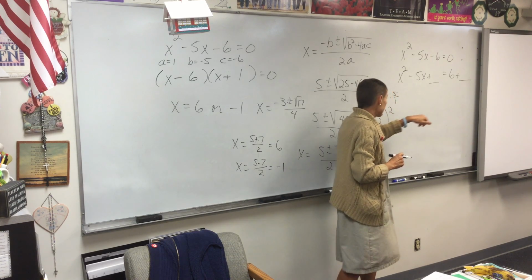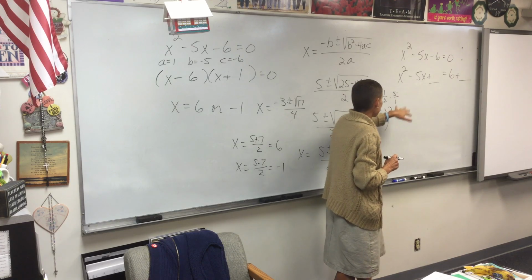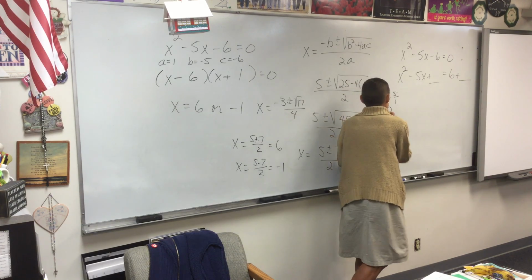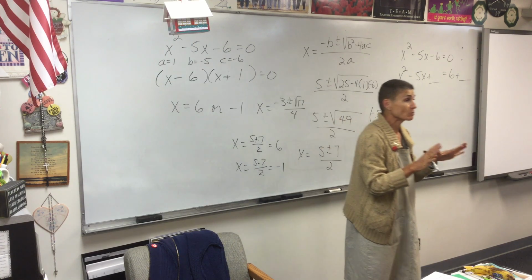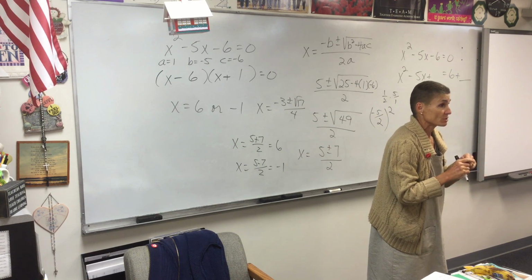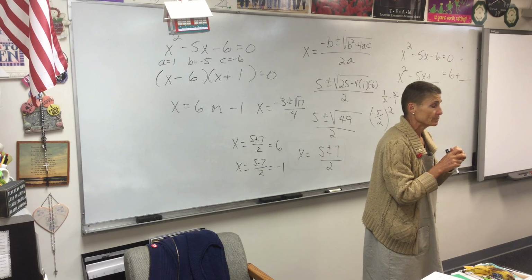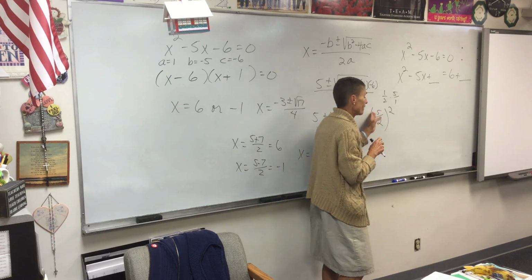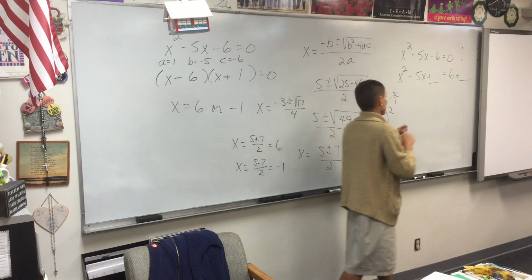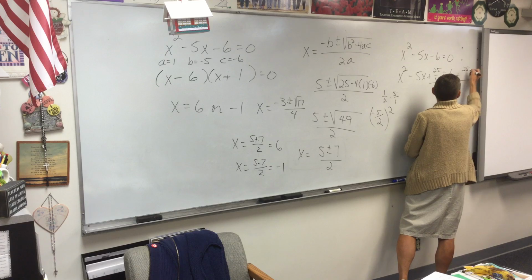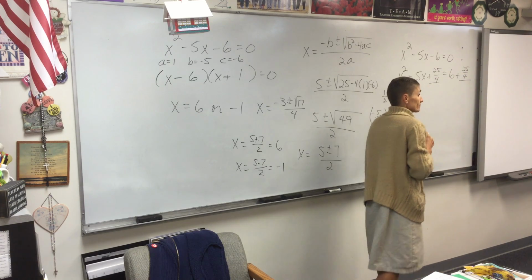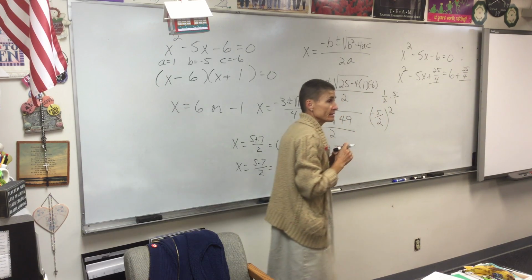Earlier today, somebody got kind of upset because I used 5 instead of -5. Does it matter ultimately? No, because you're always going to be squaring, so I just ignore the negative. Technically it is -5 halves squared, which is 25 fourths. This is why I hate completing the square.